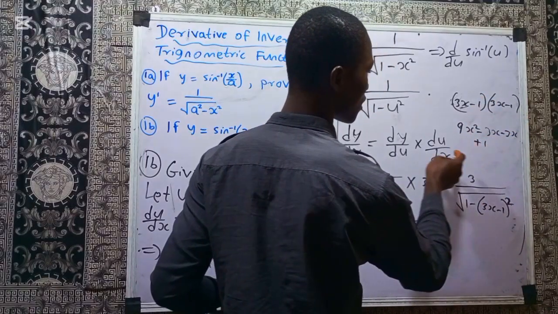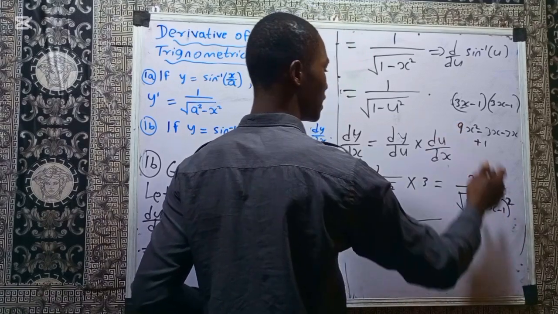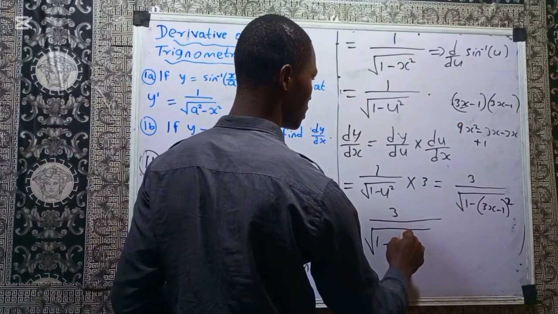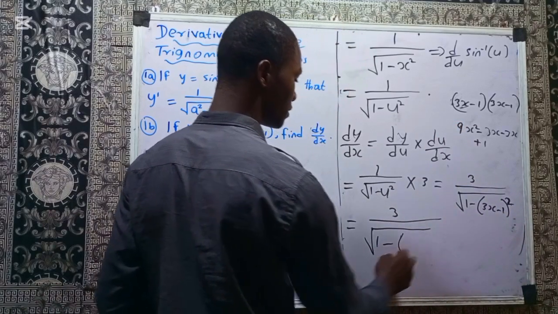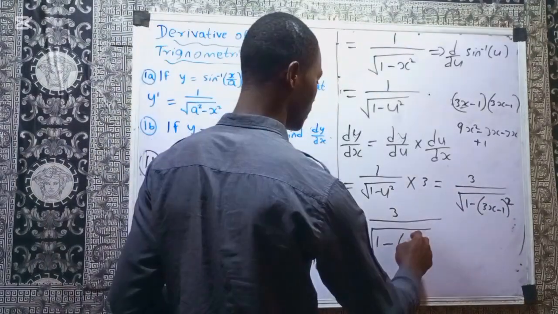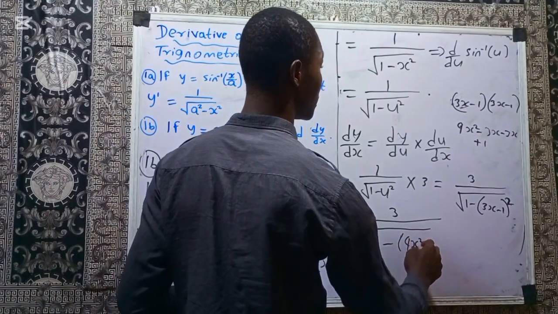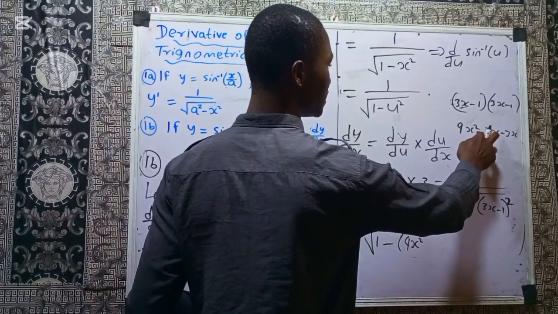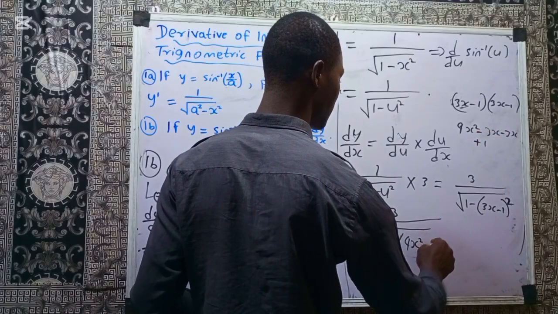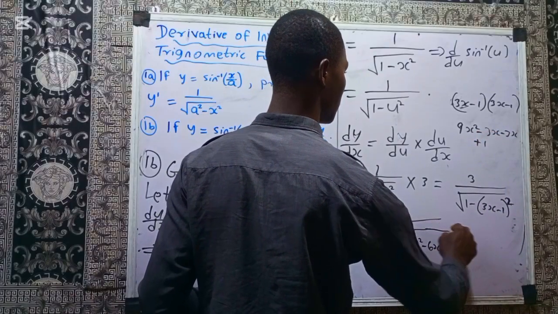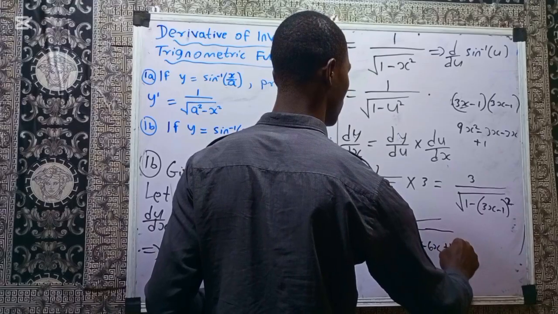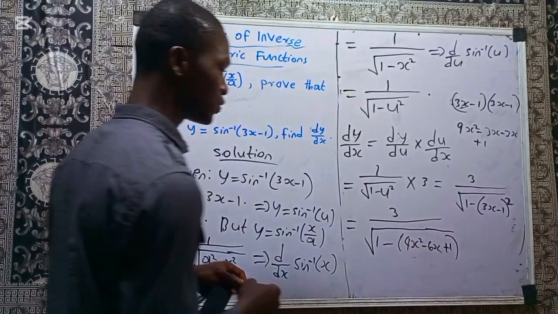So in other words, we have 9x squared, negative 3x and negative 3x is negative 6x, then plus 1, with a minus outside, right?